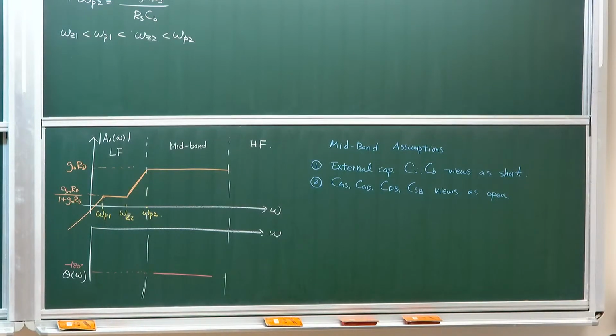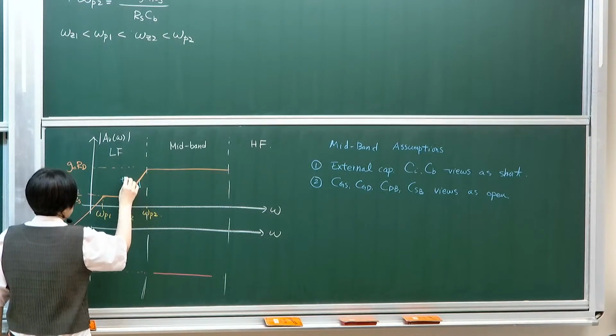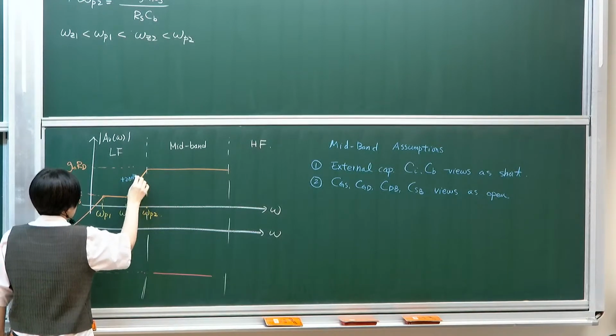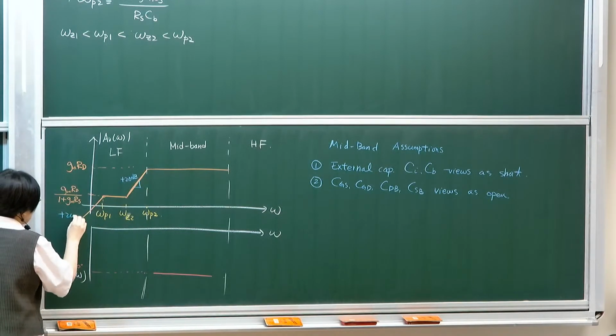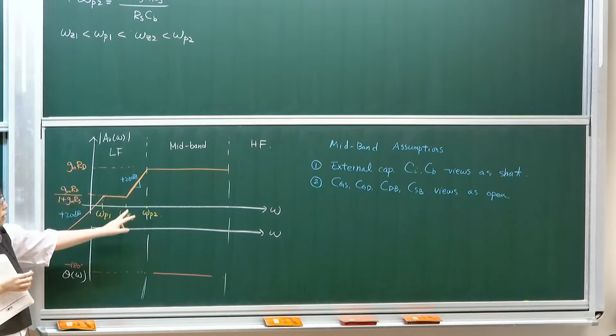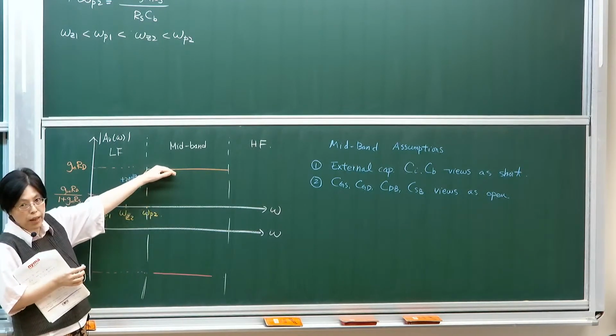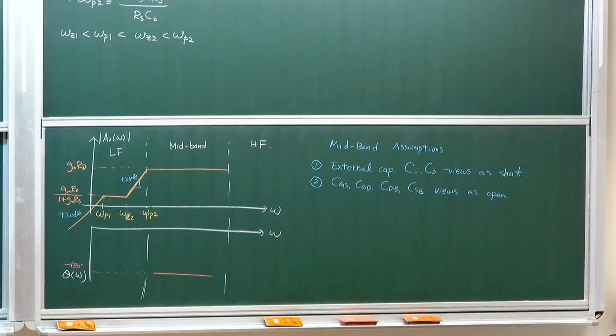Okay? So interestingly enough, we know that this is plus 20 dB. So once again, you start with plus 20, you hit a pole, flatten, hit another 0, plus another 20, and then hit a pole to get a flat.